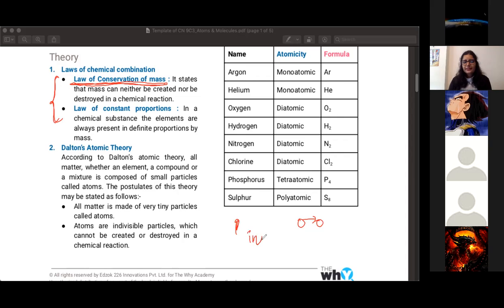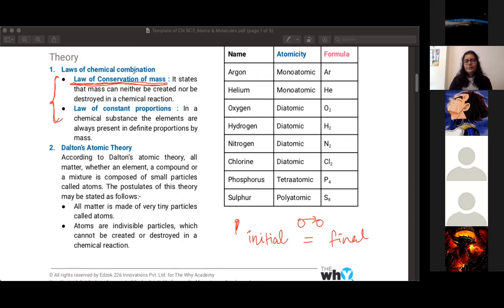Correct. Basically, the initial momentum will be equal to the final momentum. Like before, whatever was the momentum, after also the total momentum should be the same. Initial momentum equal to final momentum.